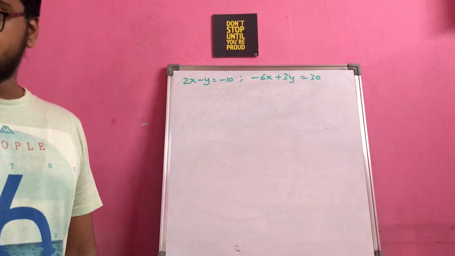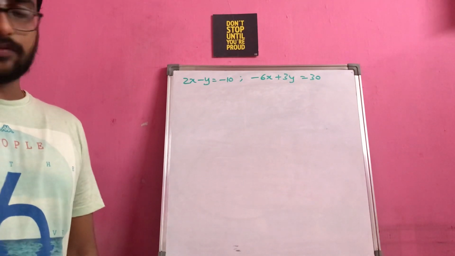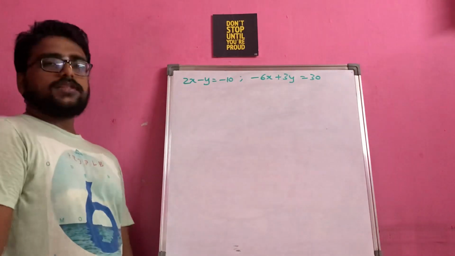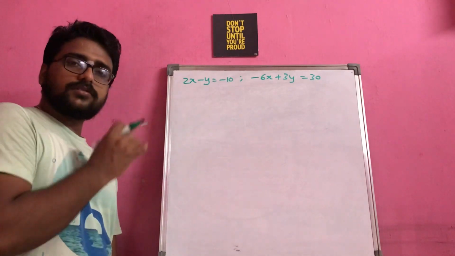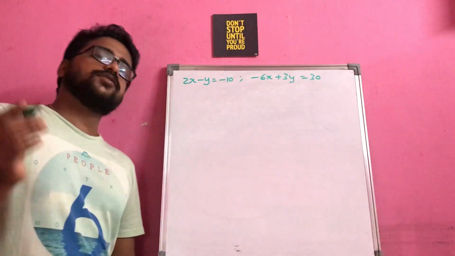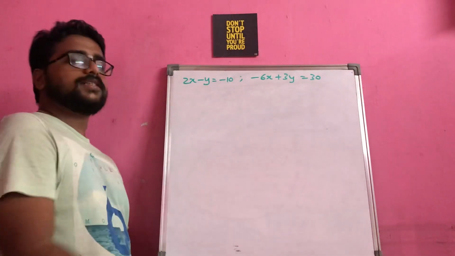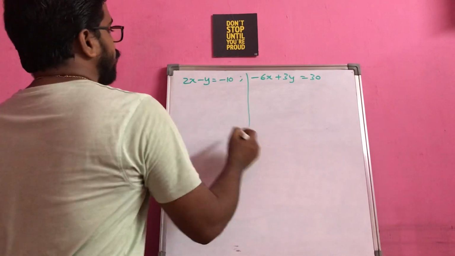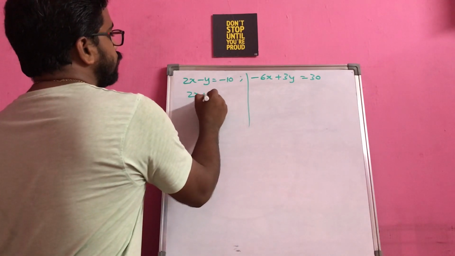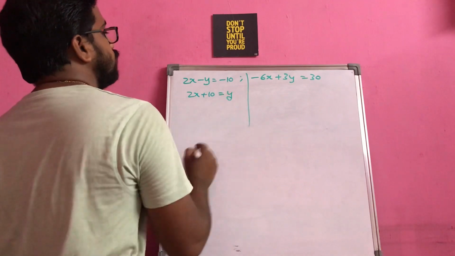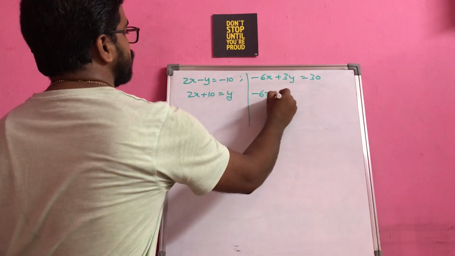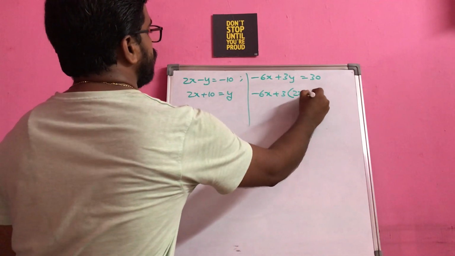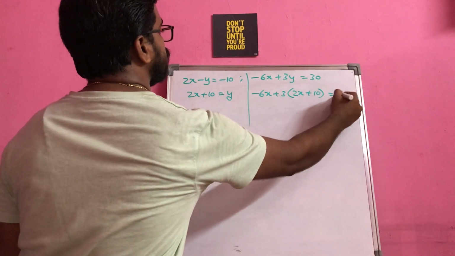First let us see using the substitution method, then we will understand something else. So from this I will go ahead with 2x plus 10 is equal to y, and substitute that here: minus 6x plus 3 into (2x plus 10) is equal to 30.